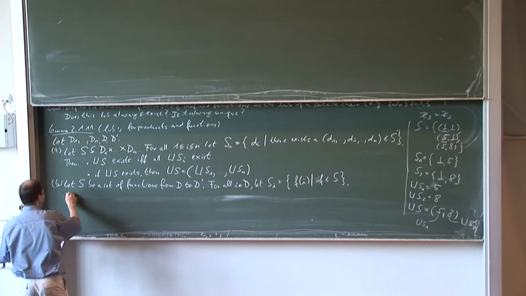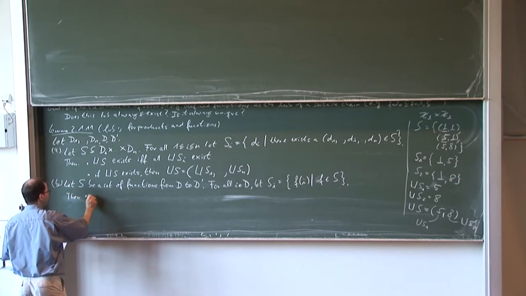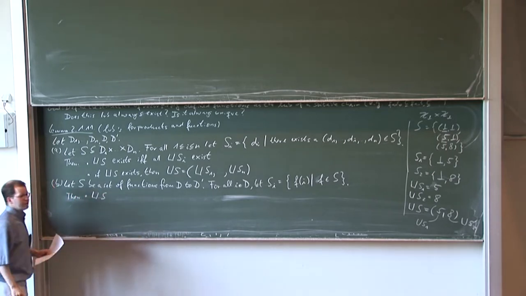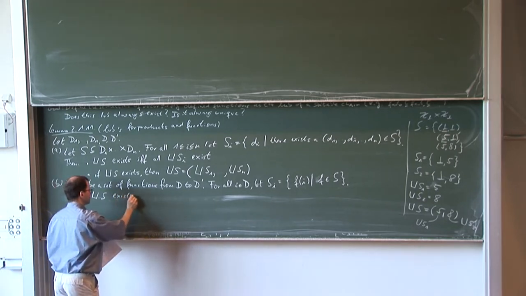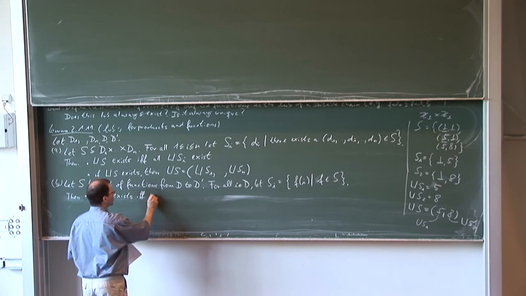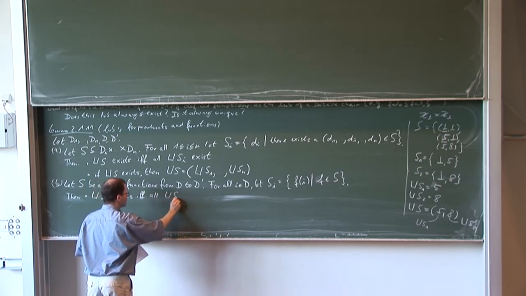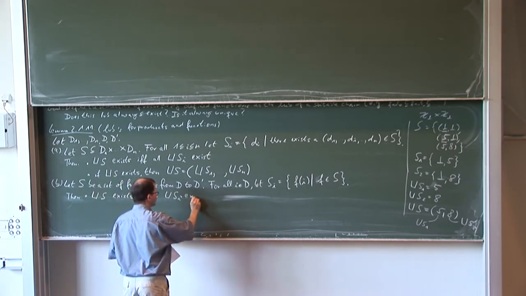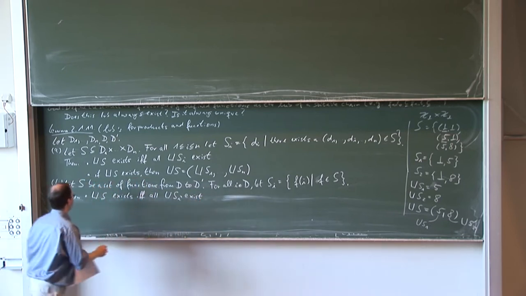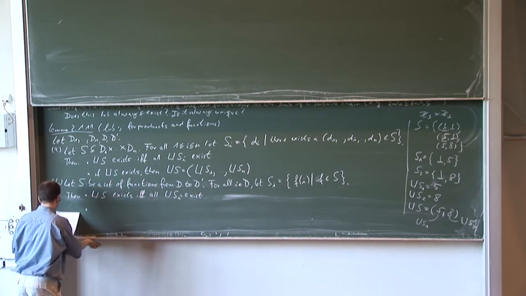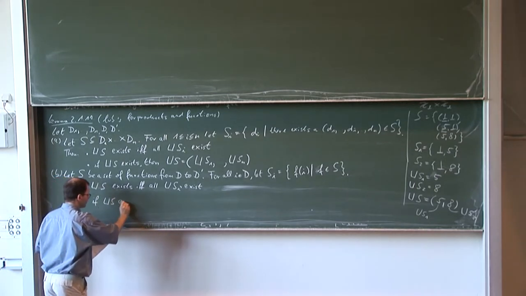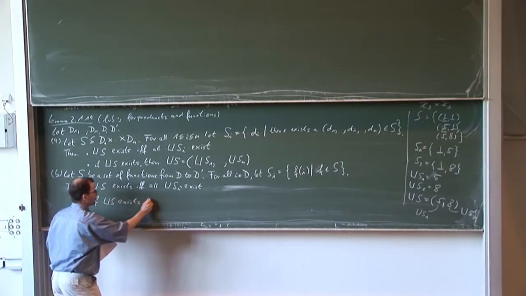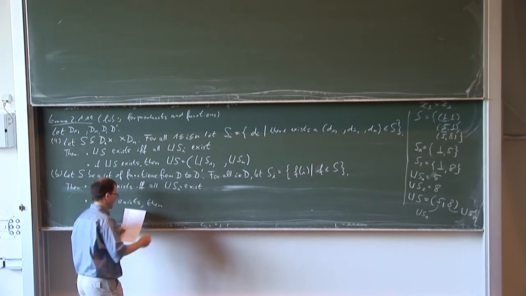And then we have something similar. So the least upper bound of this set of functions exists if all least upper bounds for these Si exist. And if it exists, then we know how it looks like. It's a function.